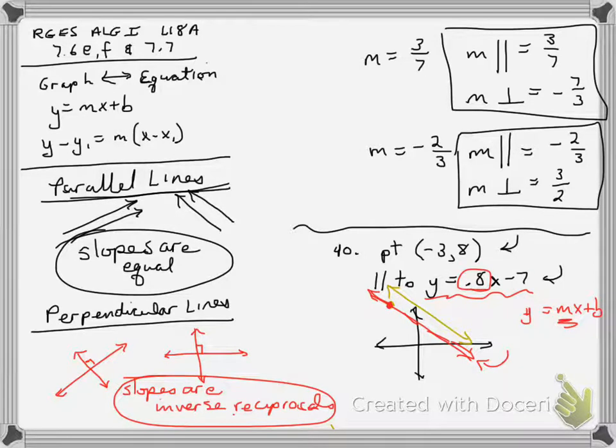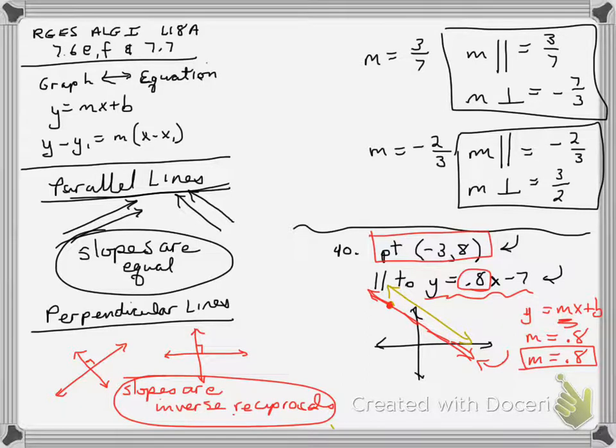Okay, so the slope of that equation is 0.8, and the slope of my line, because it's parallel, is going to be the same. Okay? Does that make sense? So this is the one I'm working with, and this is the point I'm working with.